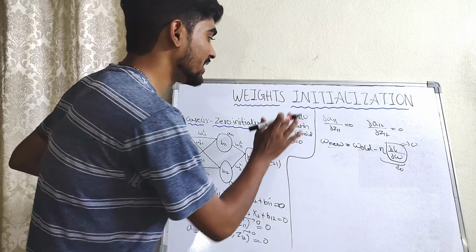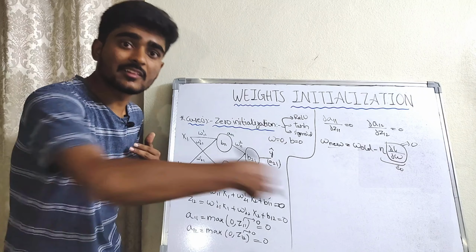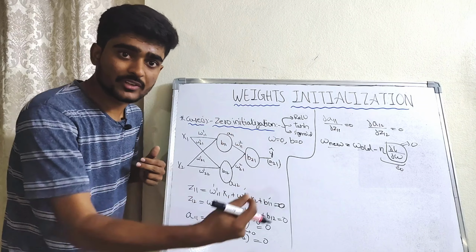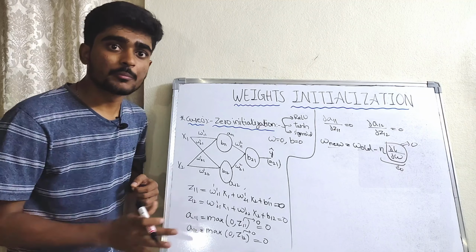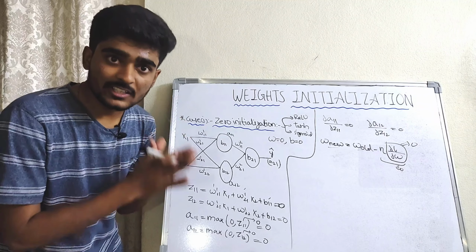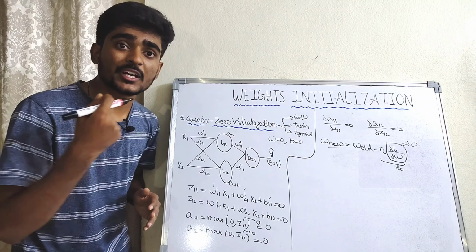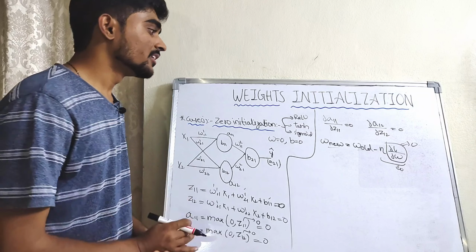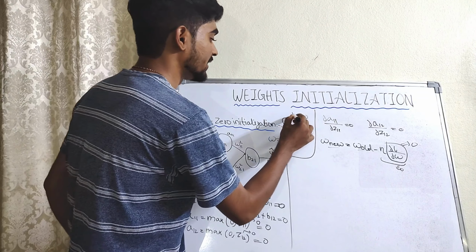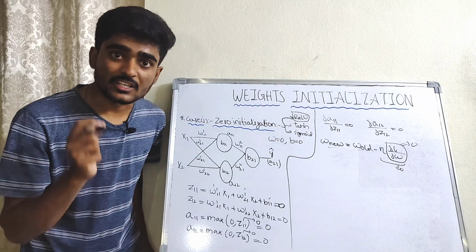Once you initialize the weight values as 0, that 0 weight value will continue till the end of training. That means the model is not learning anything, so it cannot make any predictions on the future data. This is the problem with relu activation function when the weights and bias values are initialized to 0.